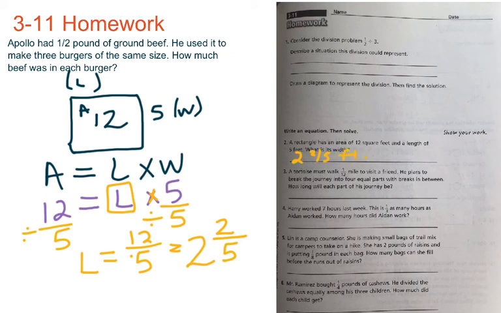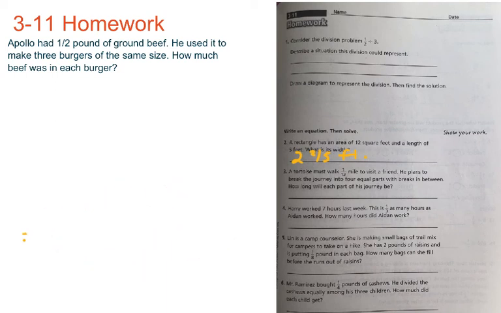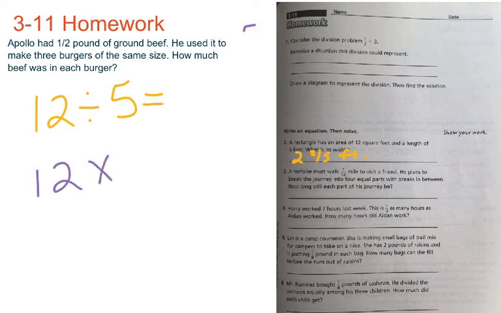I want to also show you that same problem, just like our keep, change, flip. And we have our equation here. And that's just 12 divided by 5 equals, and again, this is where we do our keep, change, flip. Okay, and we keep our 12, change our sign, and then flip. Remember, anytime we have a whole number like 5, we write it as a fraction, we write it over 1.